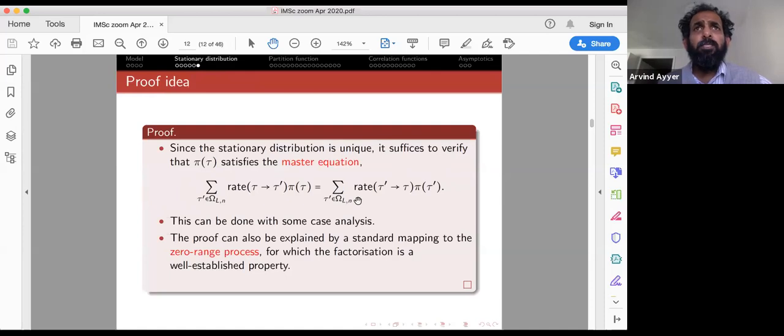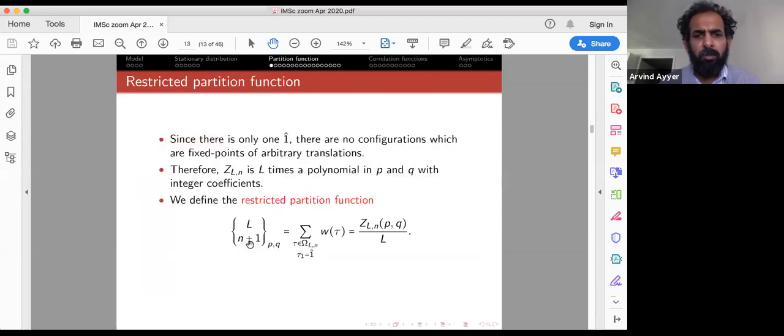But there's another more abstract way of doing this, which is to notice that it can be expressed as a zero range process, and for such processes, this factorization is in general there, and then one just has to make some checks. So that's an alternate way of doing this.